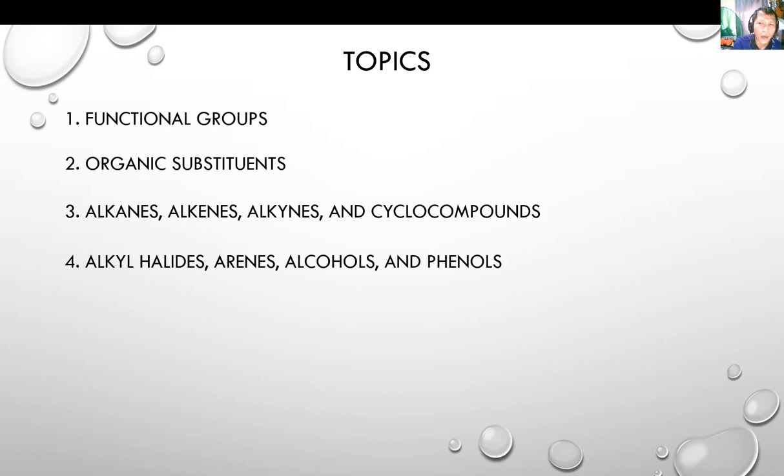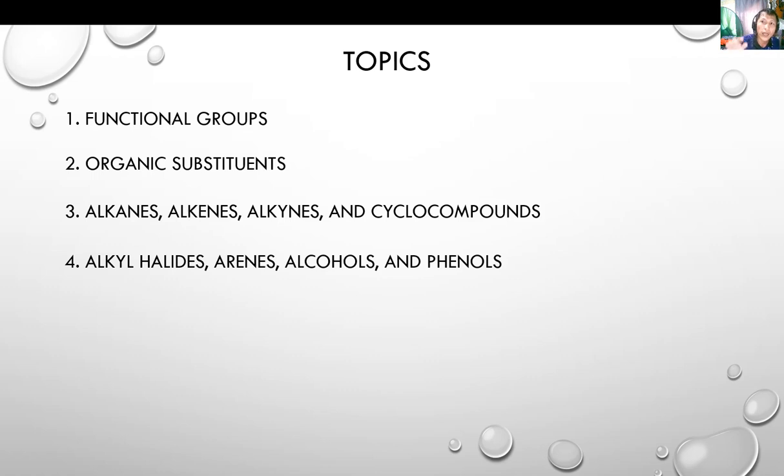To name those substituents, those with chlorine would be called chloro something. It's not like the alkyl, wherein you drop the ANE of the parent alkane and substitute it with YL. For halogens, you drop the last part. So if you have chlorine, you drop the INE and substitute it with O, chloro.